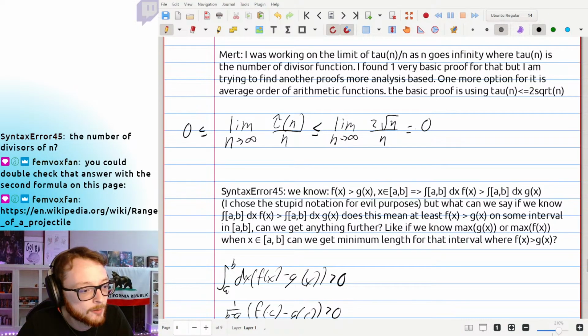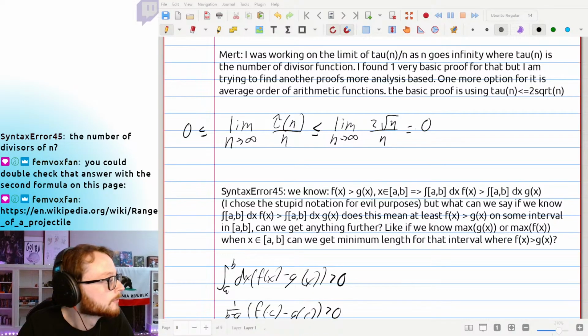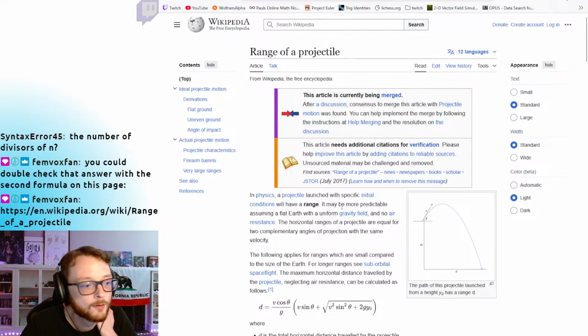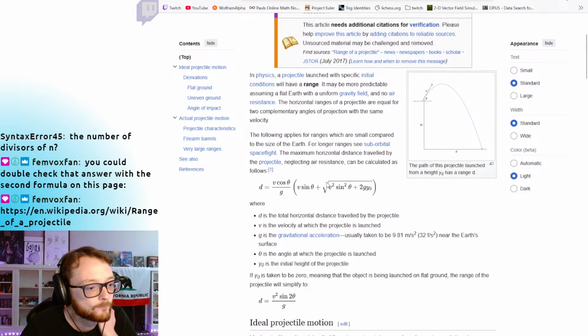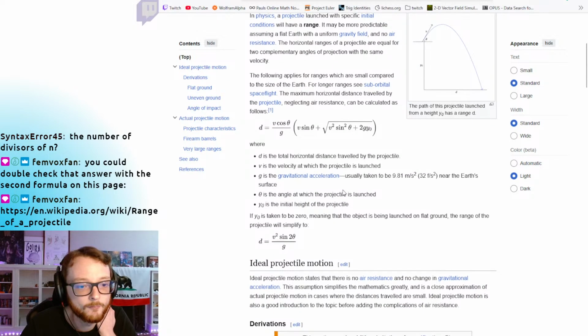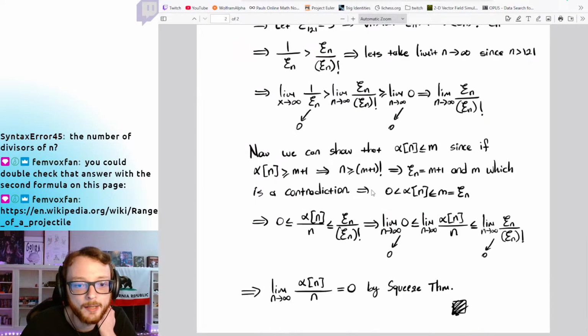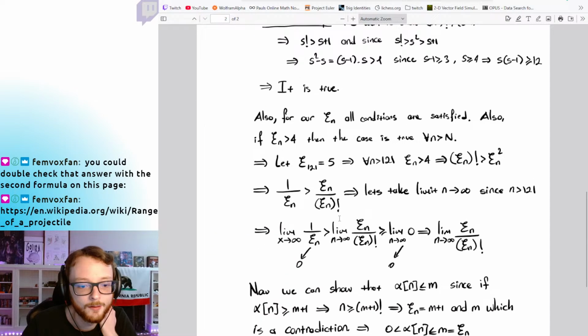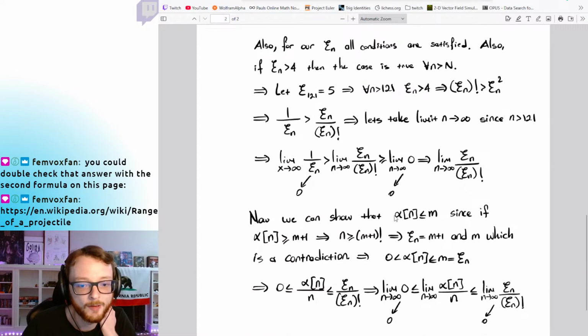Range of a projectile. Yeah, number of divisors is what tau counts. And so we were looking earlier at a proof that Mert either wrote or found that there's a function alpha of n that counts unique prime divisors of a number.